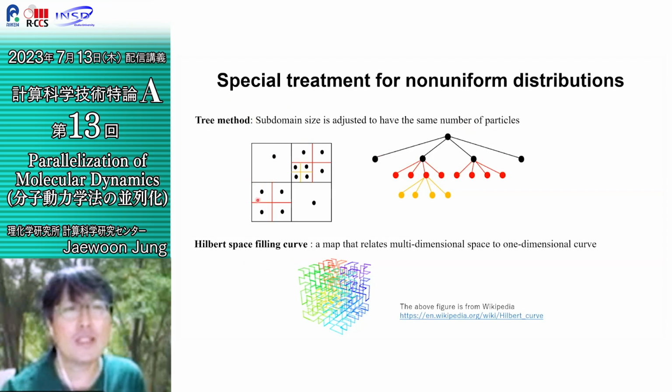just assume that each point is a particle. First of all, we make a division such that left and right have the same number of particles.